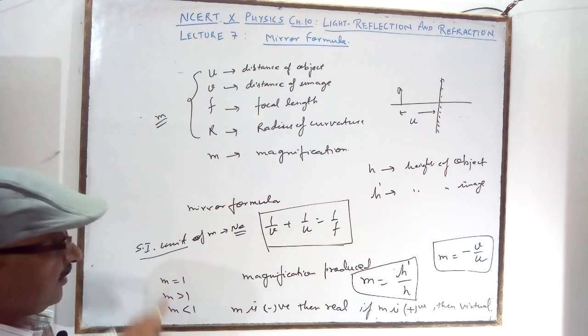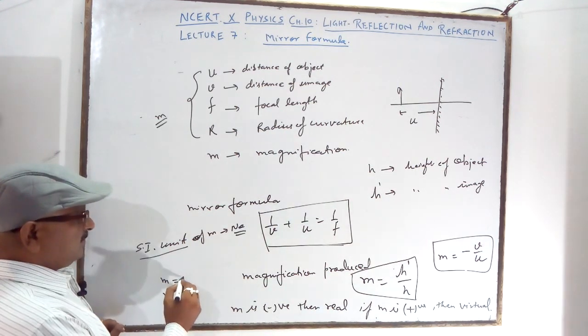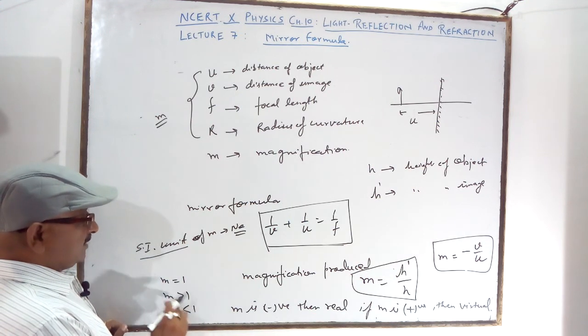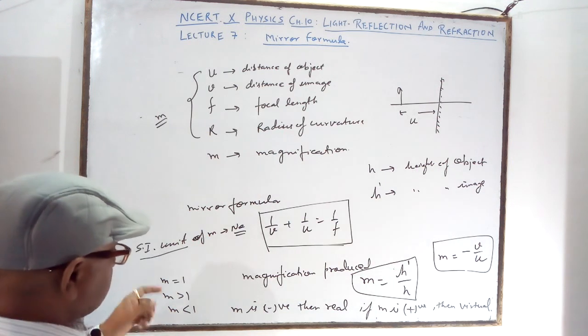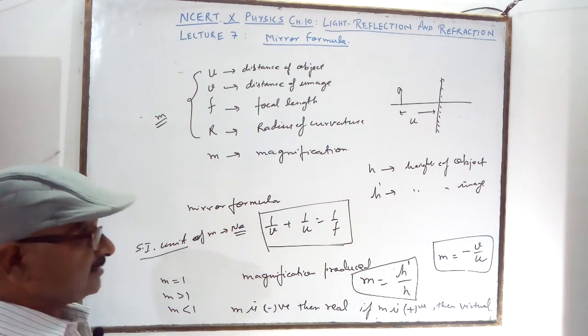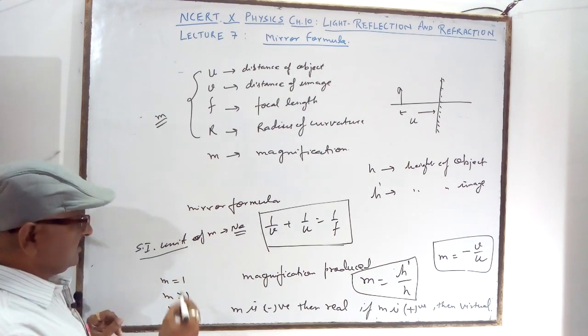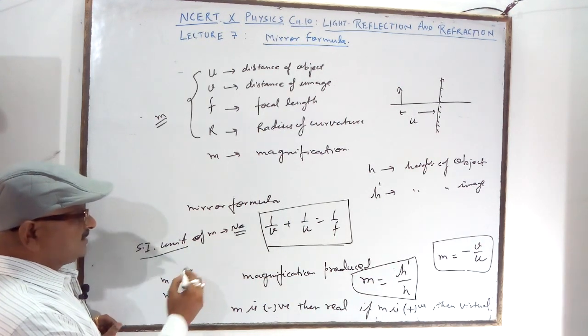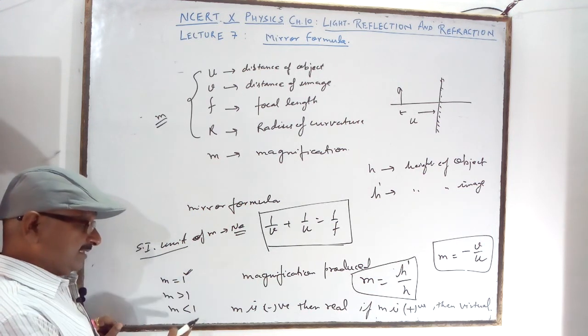Three conditions are possible for magnification. There will be no zero. So it may be less than 1 or greater than 1, and there is a negative or positive sign for real and virtual. Equal to 1 means the image is of equal and same size, real or inverted, with a plus or minus sign.